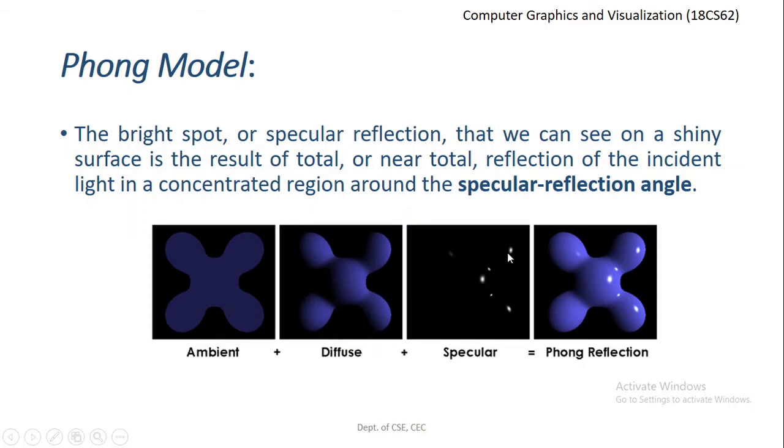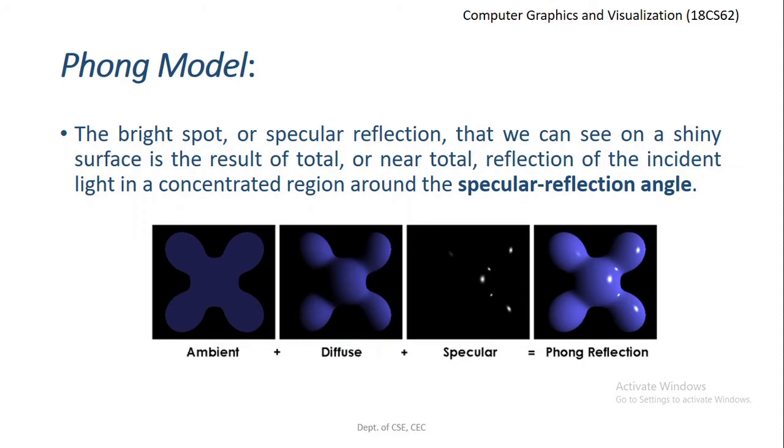The combination of ambient, diffuse and specular reflection gives us the Phong reflection. You can make out the speciality of this Phong reflection. We get a very realistic rendering of a 3D object illumination, right?